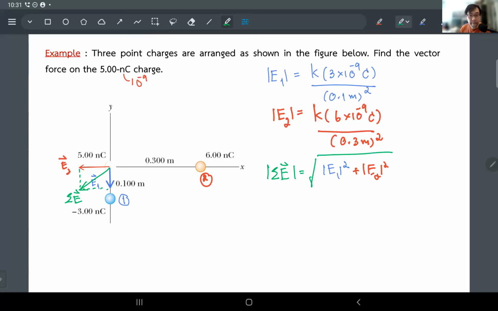Very nice. And that's your net electric field. I don't think we need to put numbers in there, but you can punch the calculator and get the final answer.